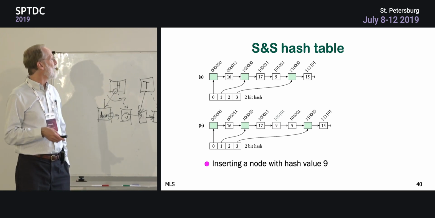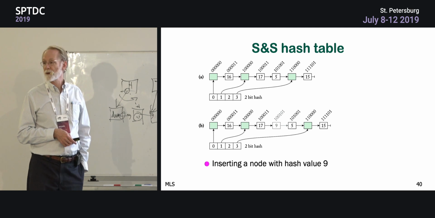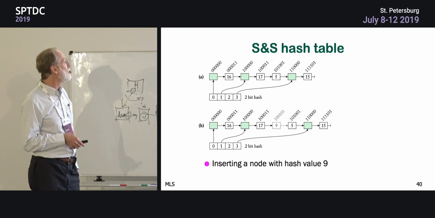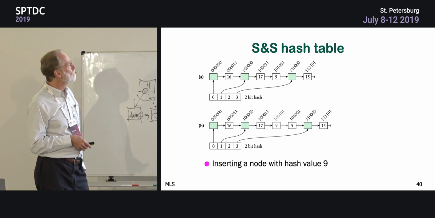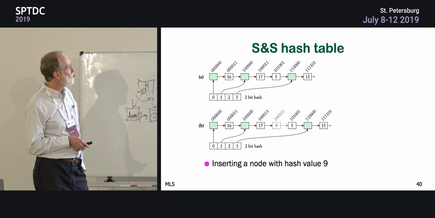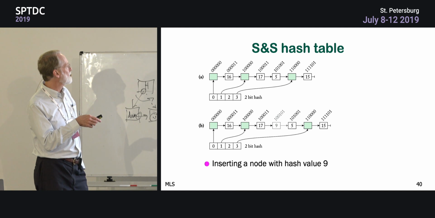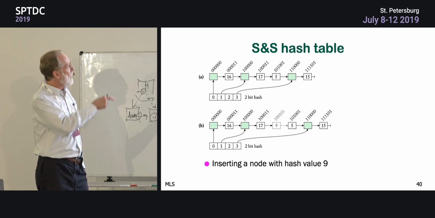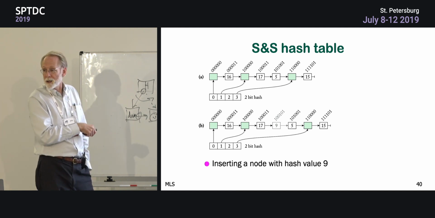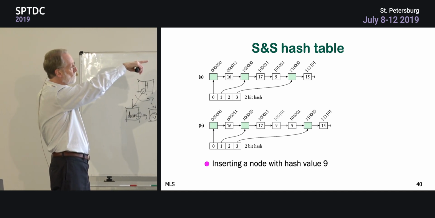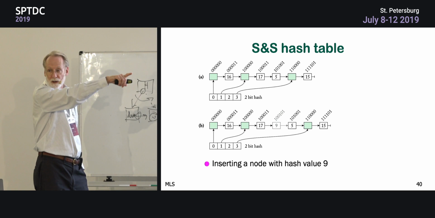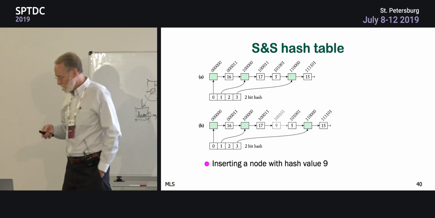And we didn't have to do anything else other than find the right place in the list. And we did that by taking the 2 low order bits of the hash value, that is the 0, 1, and using those to index into the buckets. So we used the 1 entry in the buckets to find the second dummy node, and we traversed the list from there to find the place where we should insert the 9.